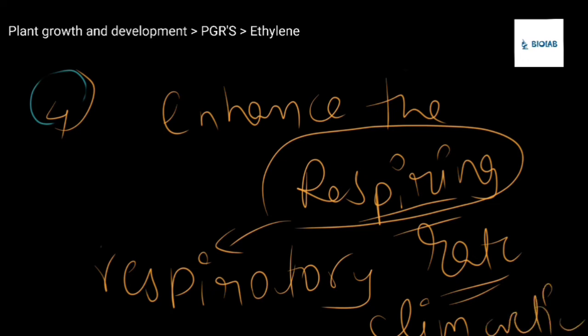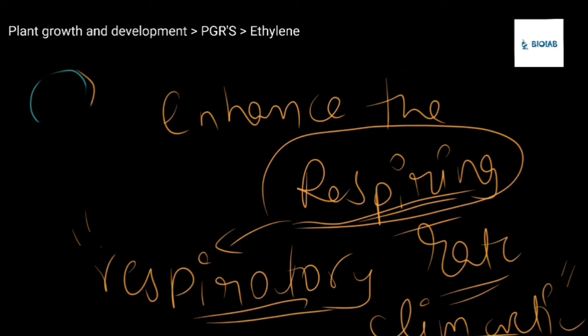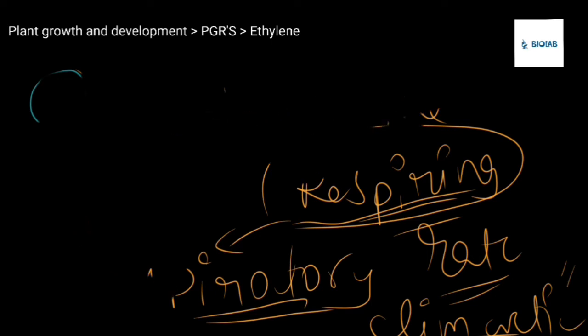Respiratory climactic is a rise of respiratory rate in the ripening fruits. Remember this word. There can be a question on this too. That's the fourth physiological function of ethylene.